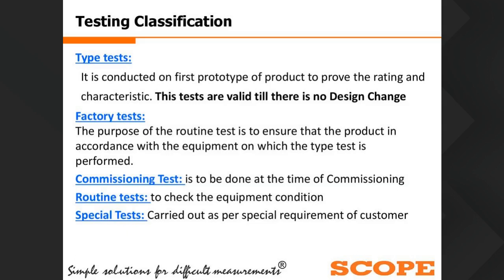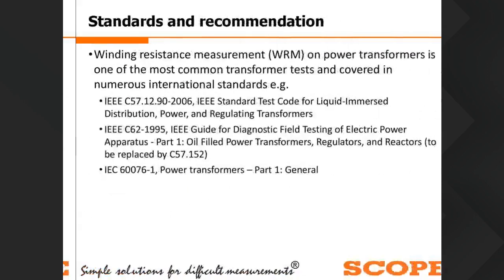Similarly, the commissioning test we do at the time of commissioning. The routine test checks the healthiness and condition of the transformer, conducted once a year or six-monthly as recommended by the IEC or IEEE standard, or as per manufacturer or customer recommendations. Then the special test is carried out as per the special requirements of the customers.